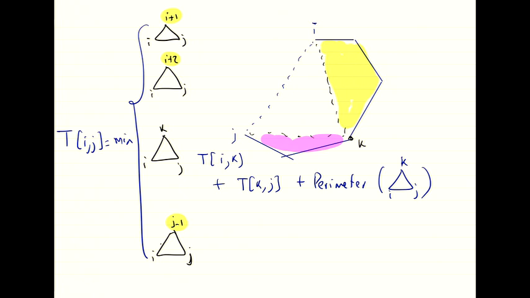So we've seen a few dynamic programming algorithms so far. Let me just summarize a few different kinds of subproblems that we've seen. Firstly, if you have strings, one possibility is a prefix.